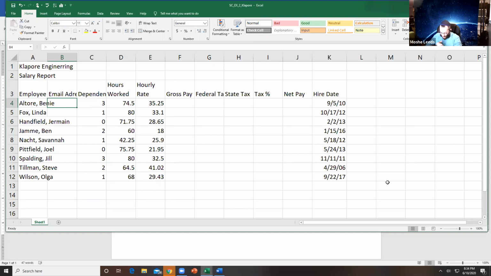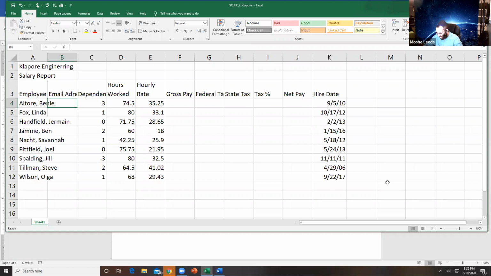So we're going to standardize the way we have an email. If you work in a company, they usually do your first name and your last initial, or your first initial and your last name, whatever that format is. So in this company, they do the first letter of your first name and your entire last name.